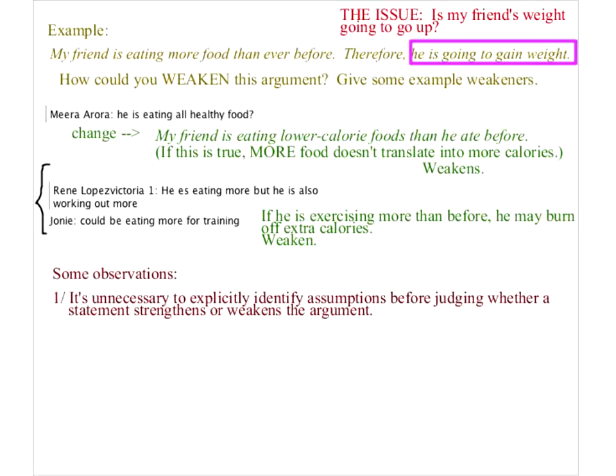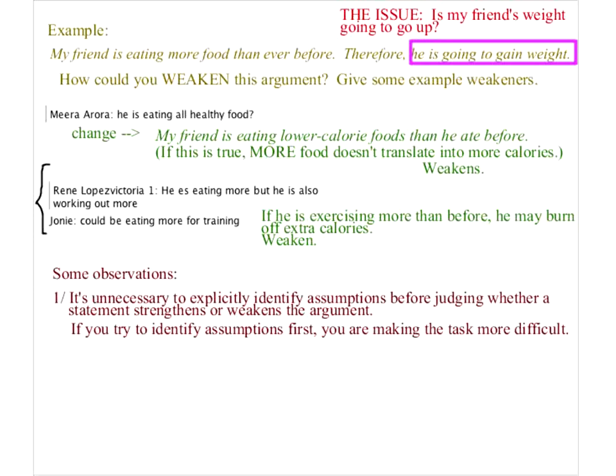These weakeners do correspond to certain assumptions; namely, they go against certain assumptions. But the problem is that's not the way the human brain works. If you try to identify assumptions first, you are actually making the task harder, because the human brain is not wired that way.